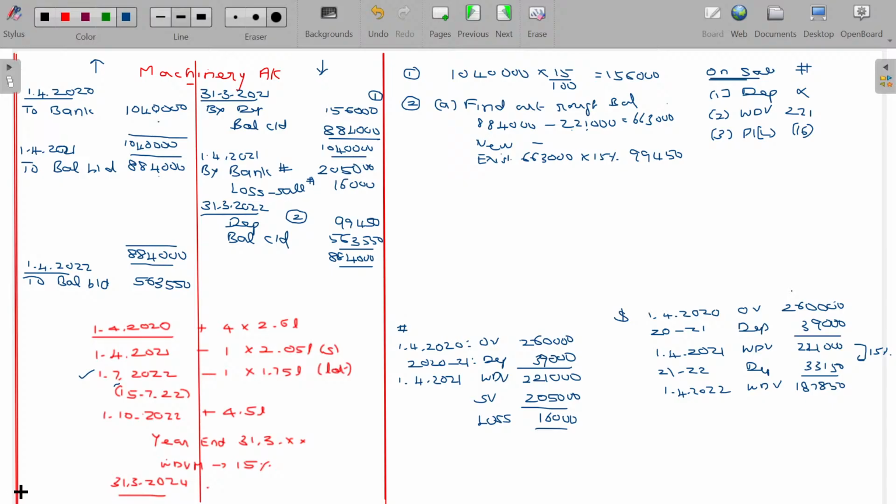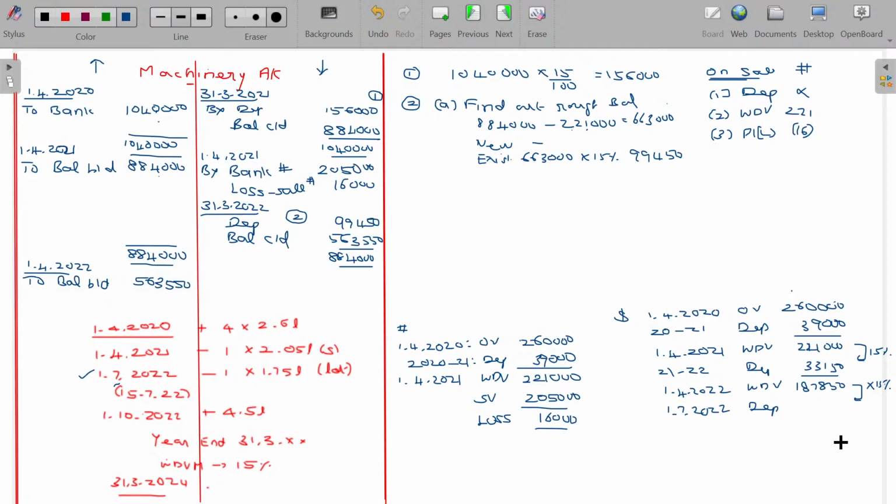Though you will be getting the money 15 days later, you are not eligible to claim depreciation after the destruction. From 1/7 to 15/7 you are not eligible. So you have to claim the depreciation only up to 1st July 2022. Here we calculate depreciation on this balance at 15%, but provided we have used it in the current year for only 3 months.